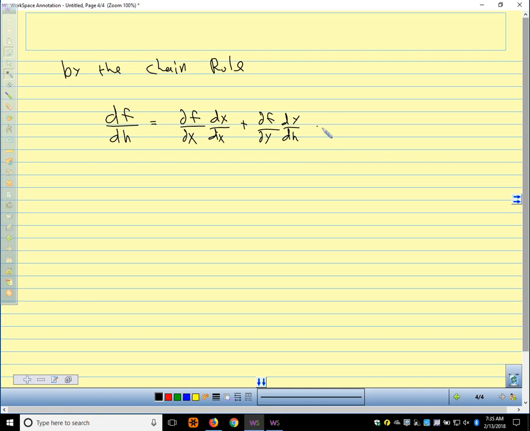And we usually shorthand this by writing f sub x at a particular point, xy. What's the partial of x with respect to h?